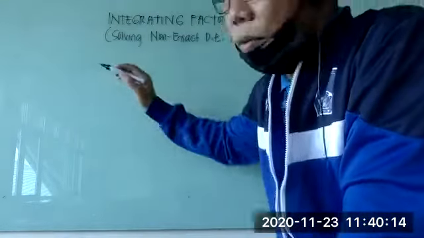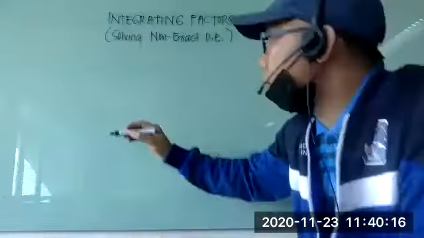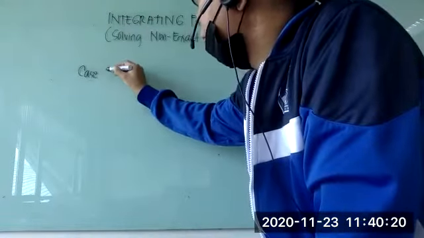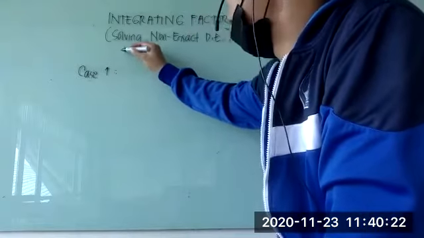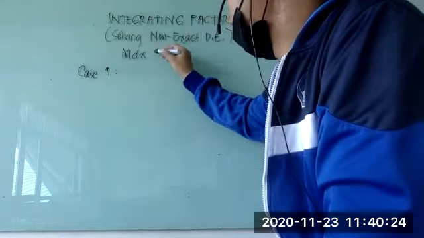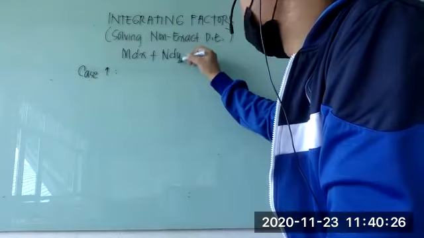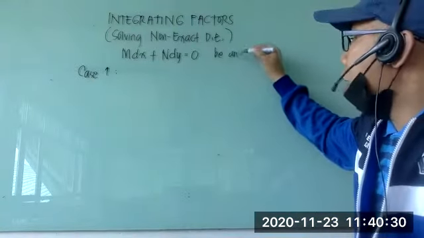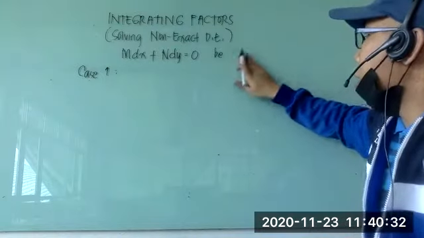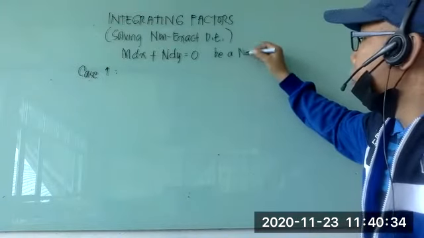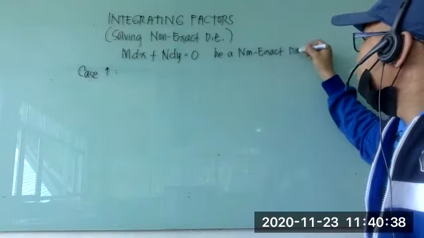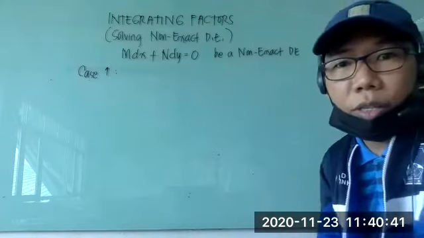Okay, now let me write first yung dalawang cases natin. So if, taking note that M dx plus N dy equals 0 is a non-exact DE. I hope you can see this one.